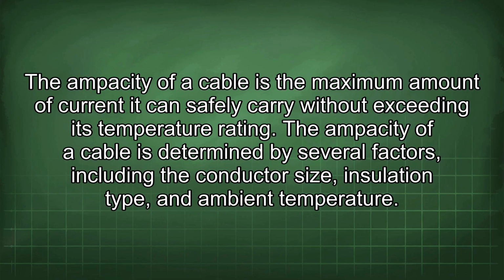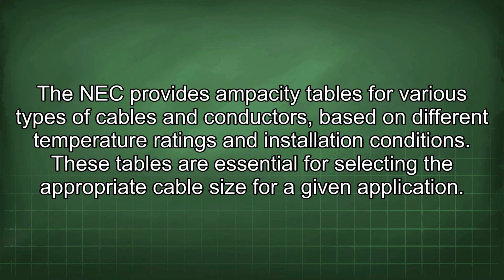The ampacity of a cable is determined by several factors, including the conductor size, insulation type, and ambient temperature. The NEC provides ampacity tables for various types of cables and conductors based on different temperature ratings and installation conditions. These tables are essential for selecting the appropriate cable size for a given application.